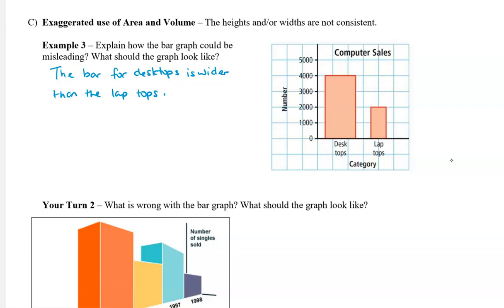So when we think about it in terms of area, I feel like the laptops, we can actually put 4 of these bars into the one bar of the desktops. However, when we only look at the numbers, we can see that there were 2,000 sales of laptops, and desktops, there's actually 4,000. So the desktops are actually only double the number of the laptops, not 4 times.